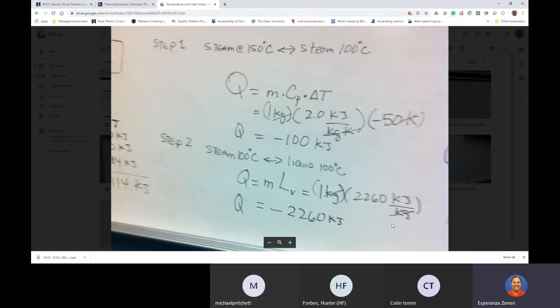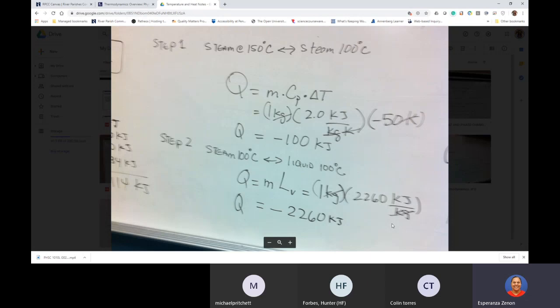We can either change the temperature of our material or change the phase of our material, but we cannot do both at the same time. So we have to decide which formula I need to accomplish this step by step.